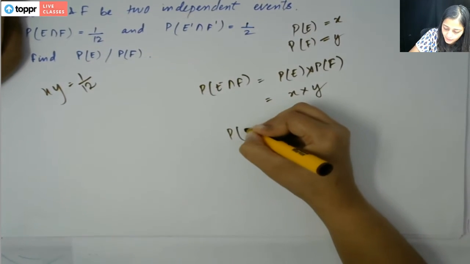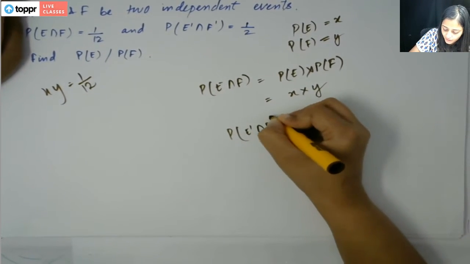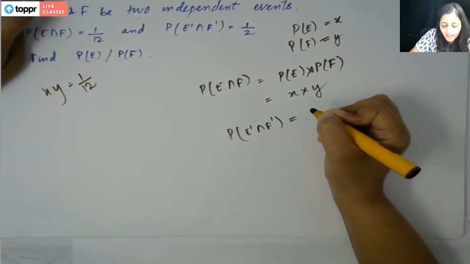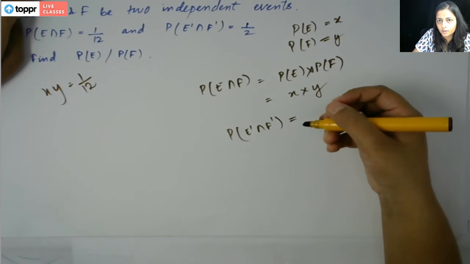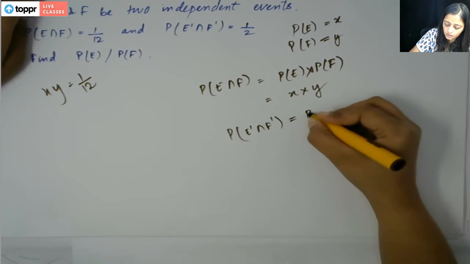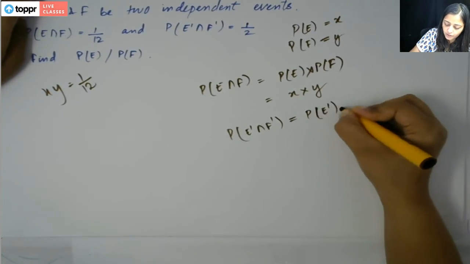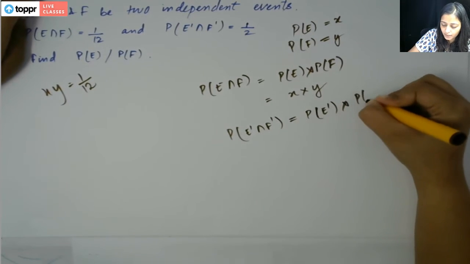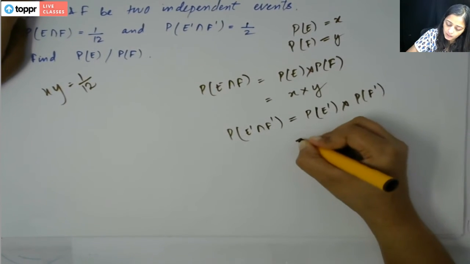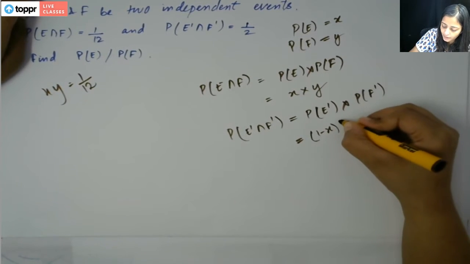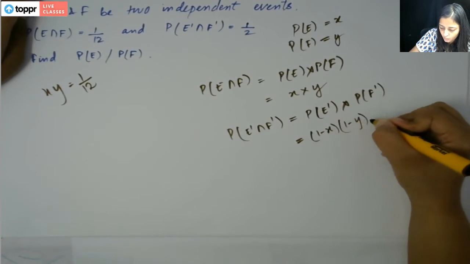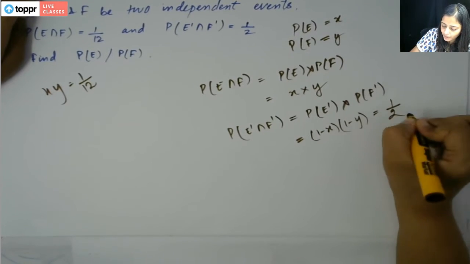Now comes probability of E complement intersection F complement. Since E and F are independent events, E complement and F complement will also be independent events. So it is equal to probability of E complement multiplied by probability of F complement. The probability of E complement will be equal to 1 minus X and probability of F complement will be 1 minus Y. It is equal to 1 by 2.